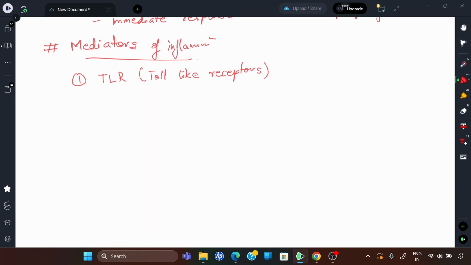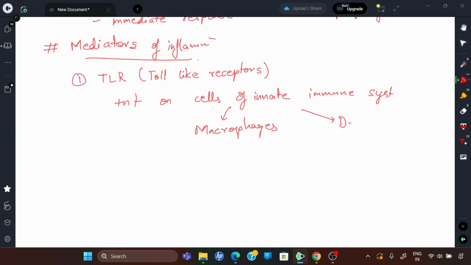These TLRs are basically present on the cells of the innate immune system. And what are the cells of the innate immune system? They are the macrophages and the dendritic cells.